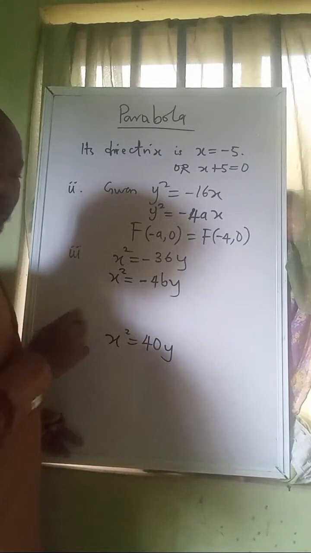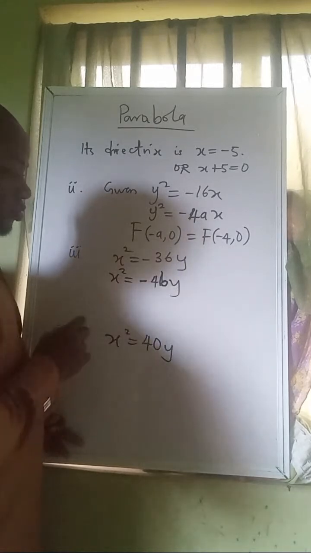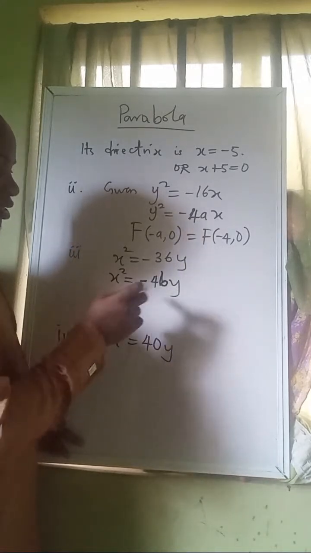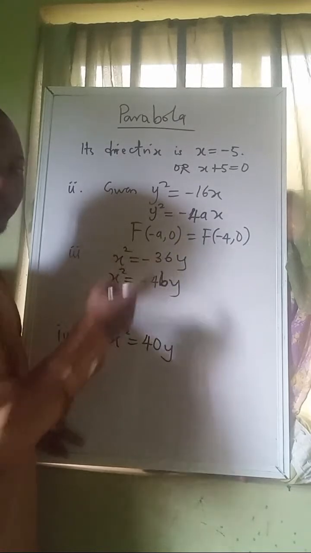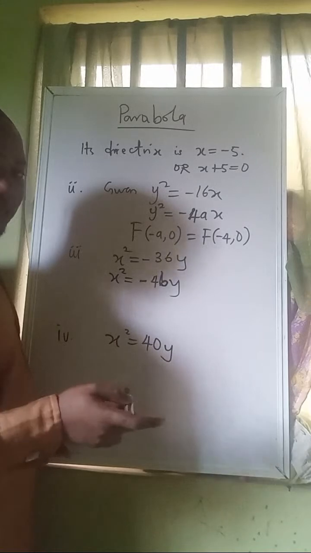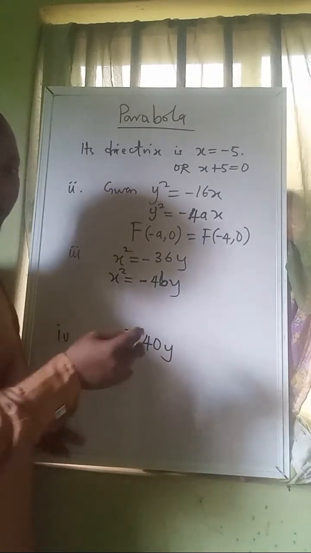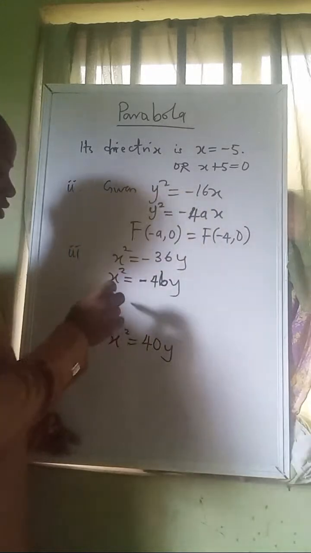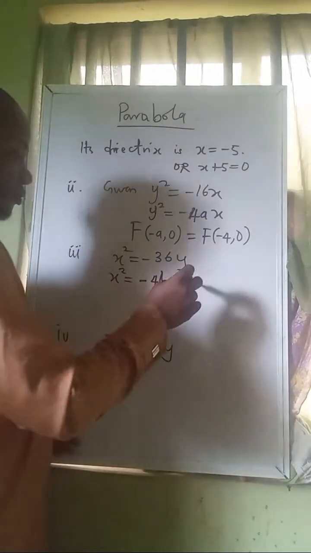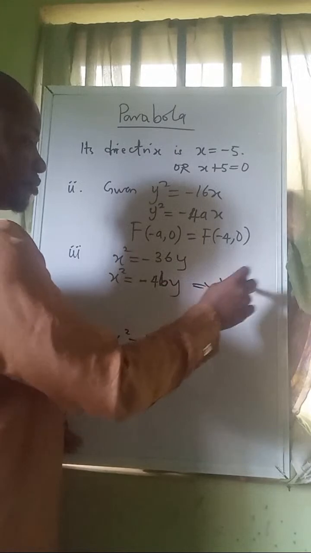This means 4b is equal to 36, and b in this case is 9. So by comparison, we see that b is 9.